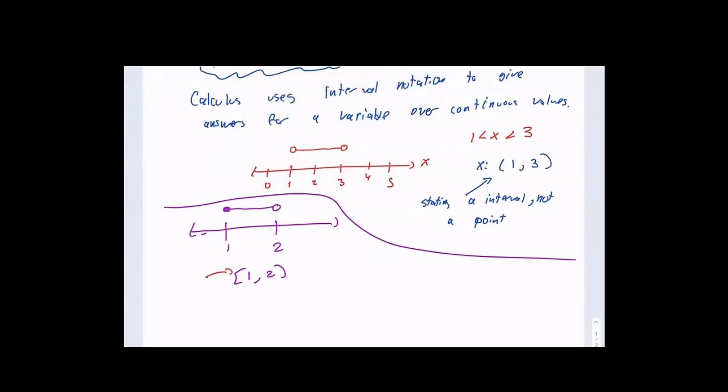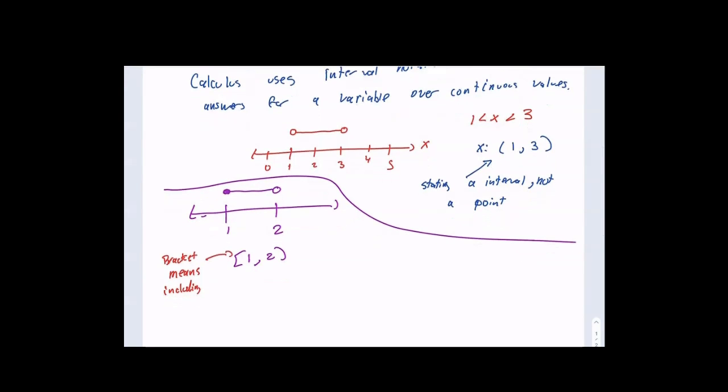And so brackets mean including. So this is the values from 1 to 2, including 1. If it were the other way, the value could be 1 through 2, including 2.